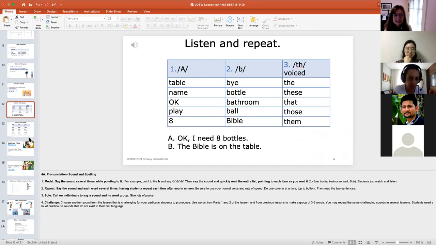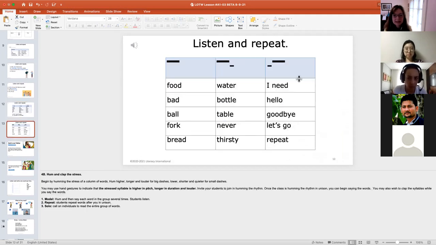What else? Did you guys have any other questions about this portion of pronunciation? Now, when we come to the second part, humming the stress, this is really important, because getting the stress on the right syllable is going to make a huge difference in how well your students can be understood by others. And as Kezia said, in most languages like Portuguese, we pronounce all the letters of a word.